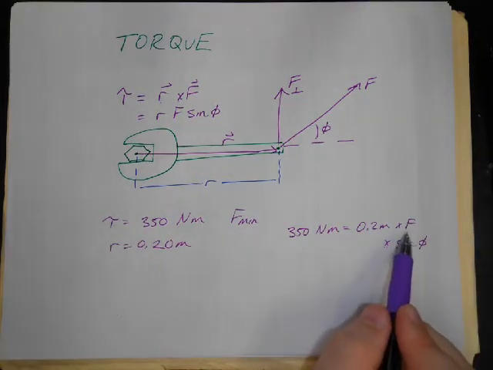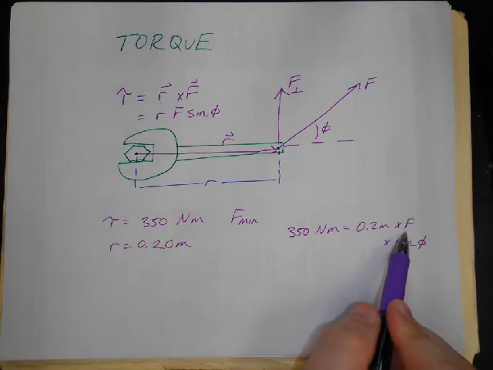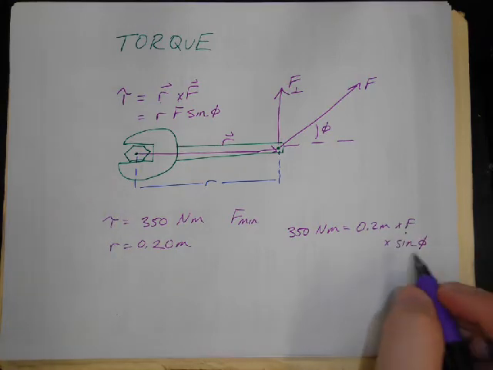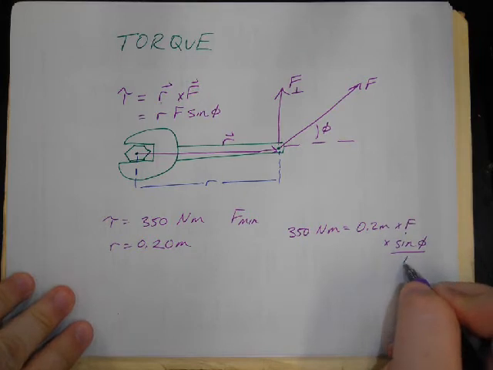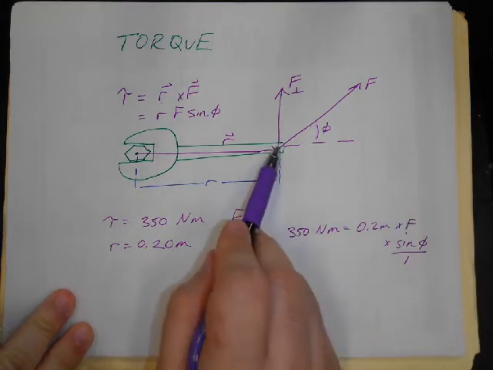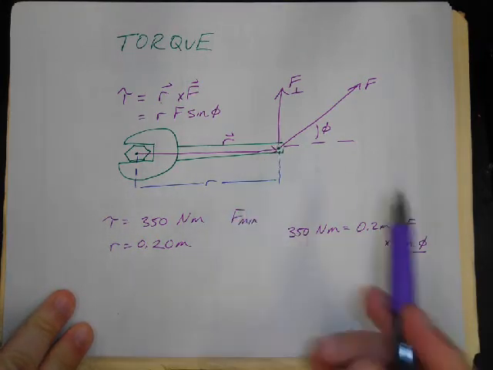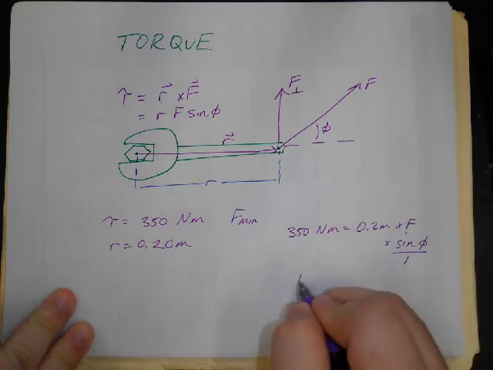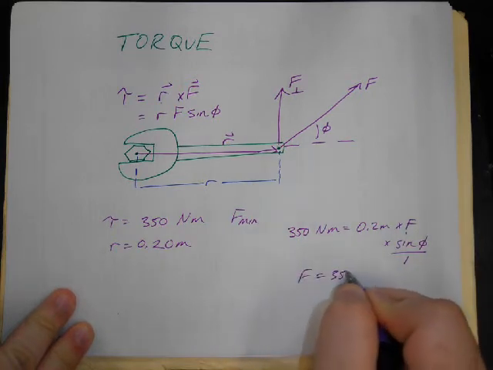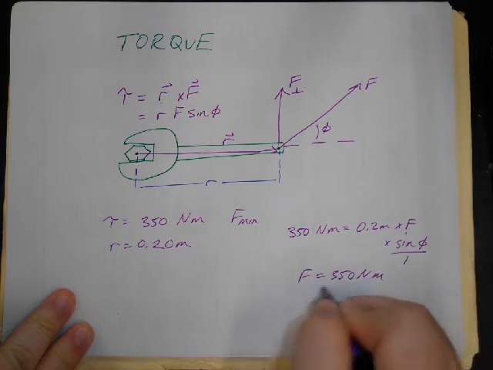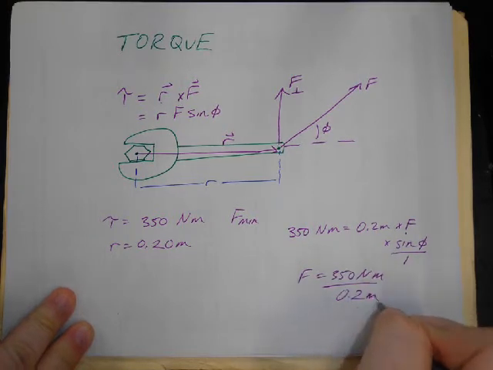And we're trying to minimize F, which means we're maximizing everything else. So sine phi needs to be 1. The minimum force you need is when it's perpendicular. And so F here will be 350 Newton meters over 0.2 meters.